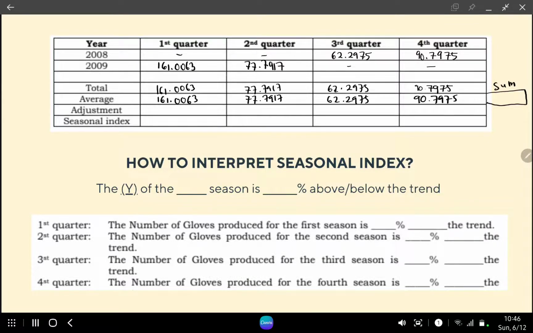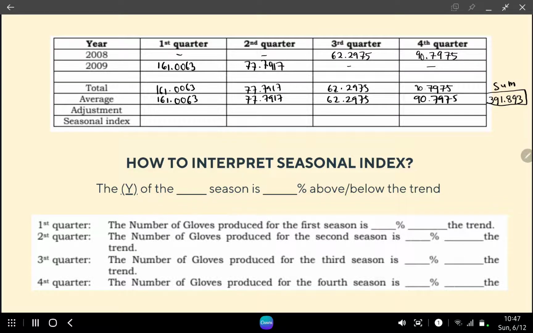So what is the total? 161.0063 plus 77.7917 plus 62.2975 plus 90.7975. So the sum is 391.893. It is not equal to 400, so we need to do adjustment.